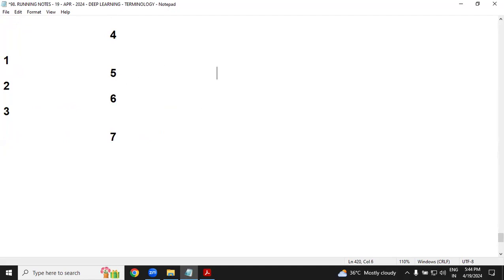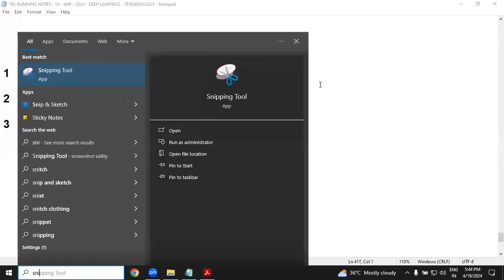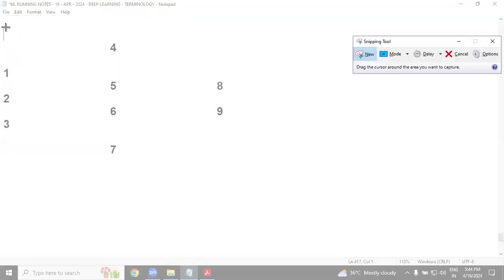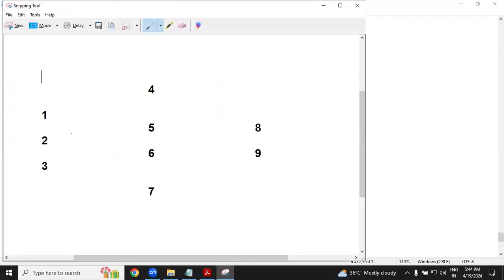And finally the output will be something like the eighth neuron and ninth neuron. Now I'm repeating again, assuming that there are a total of 9 neurons, from neuron number 1, neuron number 2, respectively, up to neuron number 9. Are you with me? Good.